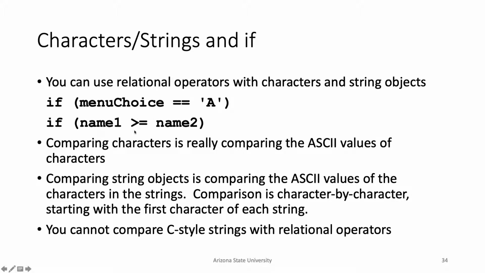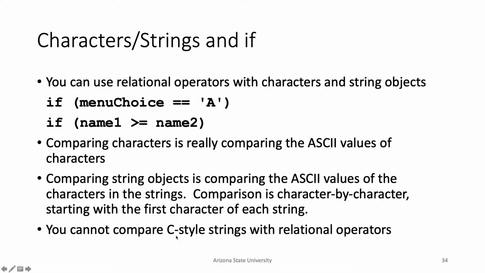So if I'm comparing strings, I might as well be comparing them in dictionary order. It doesn't really make sense to compare them in a different order than that. So just note that you can compare strings like this. You can do equality comparison with strings, just doing equals equals, or not equal, greater, less than, all that stuff.